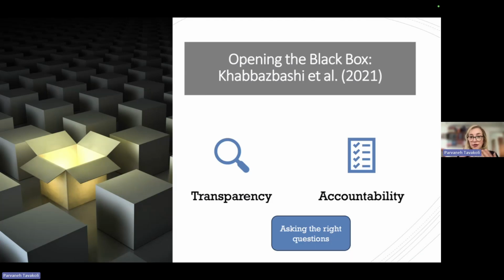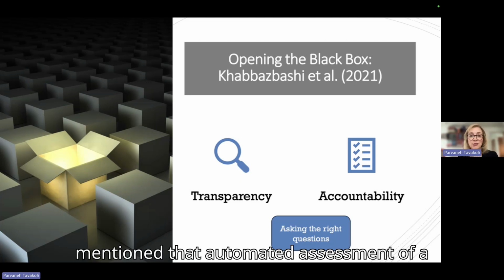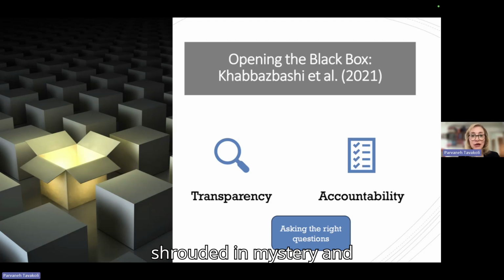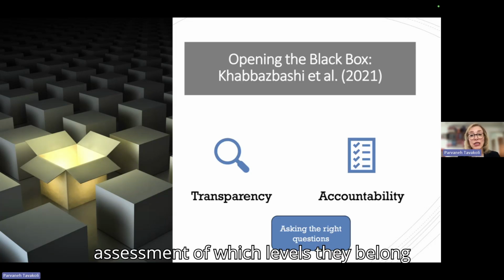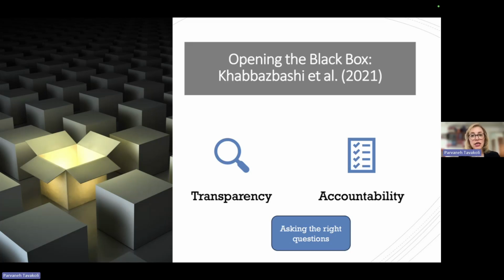We know that, for example, my colleagues Khabbazbashi et al. mentioned that automated assessment of speaking ability is shrouded in mystery and technical jargon. It looks like a black box, a very opaque box that you put a sample of speech into, and in a matter of a minute, it gives you a score and some assessment of which levels they belong to, without really giving us any transparency about what AI has done or any accountability.